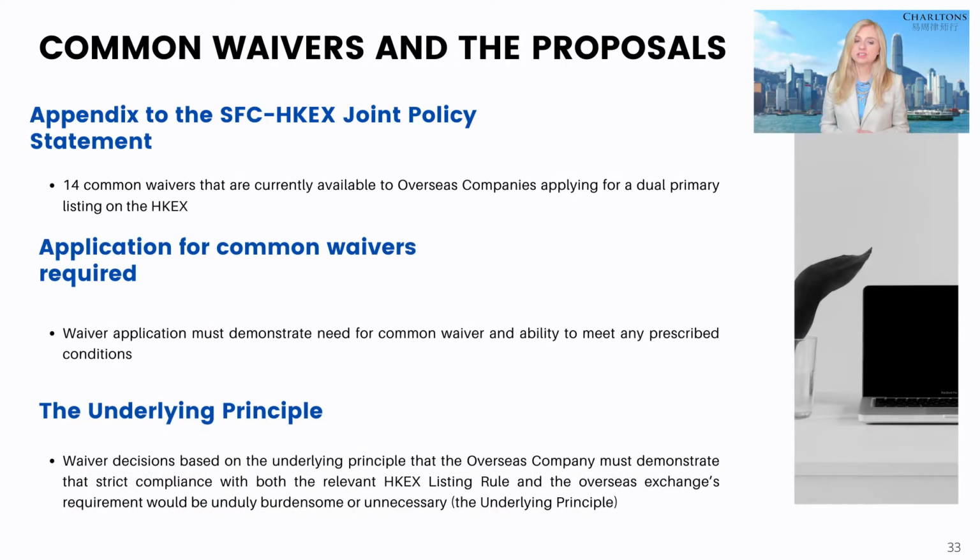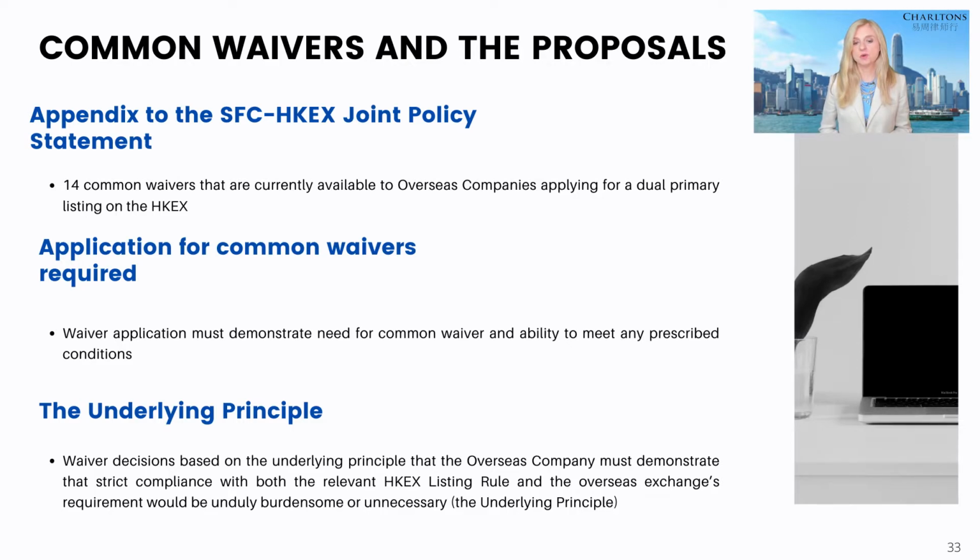The appendix to the joint statement sets out 14 common waivers that are currently available to overseas companies applying for a dual primary listing on the exchange, subject to specified conditions, and a smaller number of common waivers that overseas companies seeking a primary listing on the exchange may apply for.